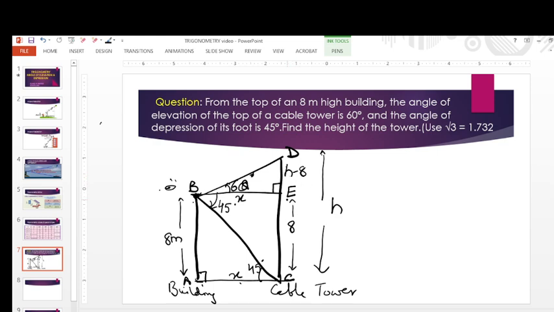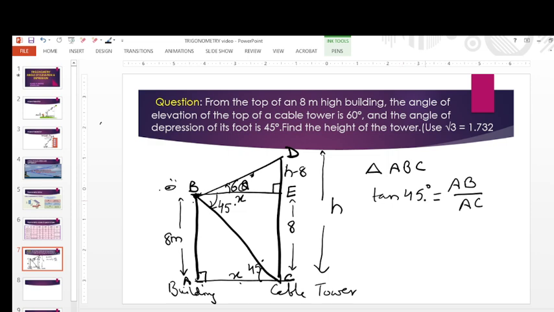So let's do it, students. Do not consider this triangle first. First we'll consider triangle ABC. This is a right triangle and we will take tan 45. Tan 45 is the tan formula I told you. Tan theta is opposite upon adjacent. So with respect to this angle, what is opposite? AB upon AC.